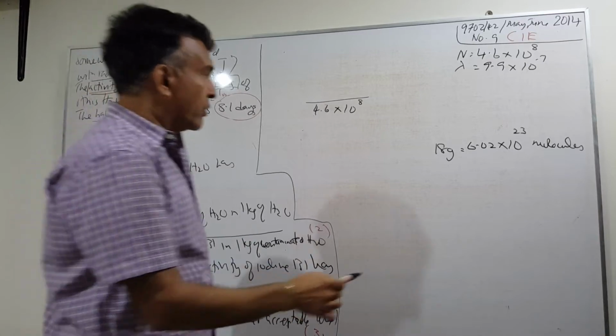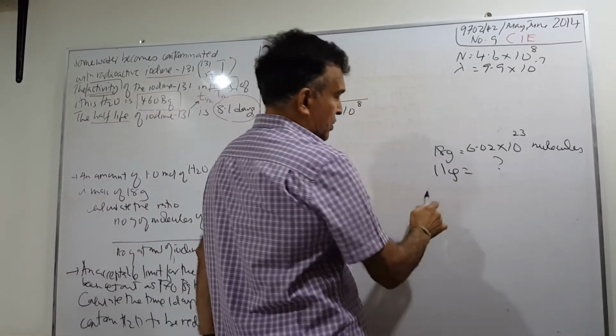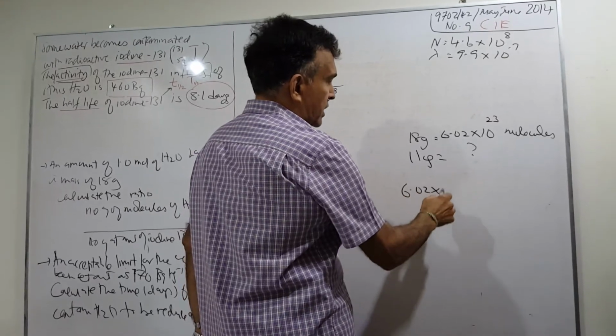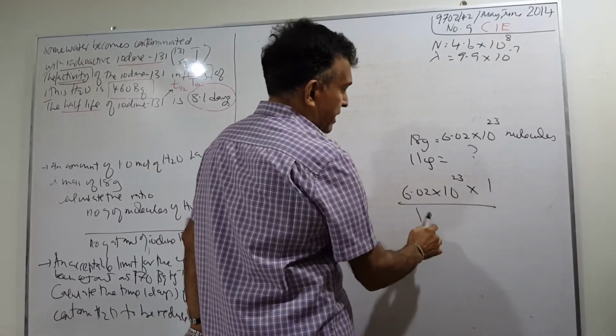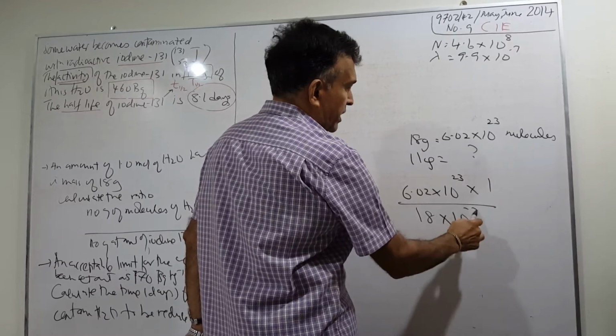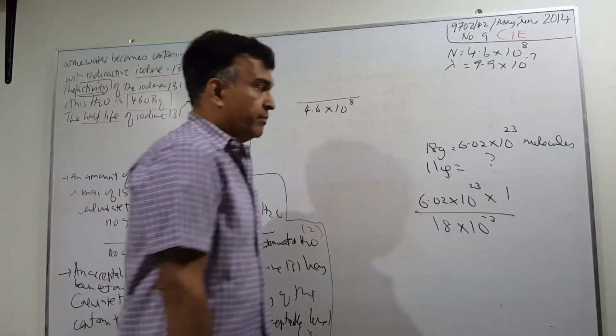Okay, so we are talking about 1 kilogram. So 1 kilogram of water is how many? We know it is 6.02 times 10 to the power of 23, times 1 divided by 18 grams, which in kilograms will be 18 times 10 to the power of minus 3.